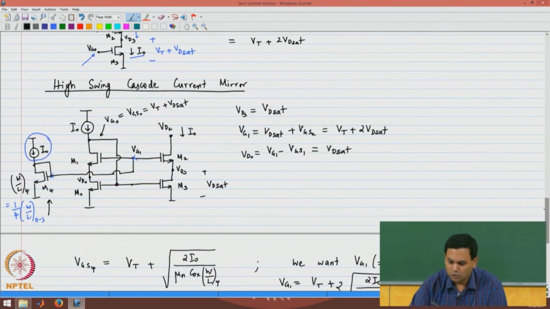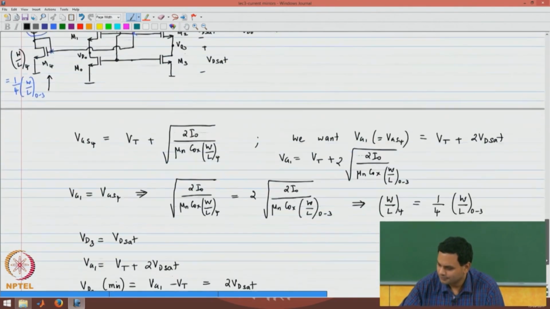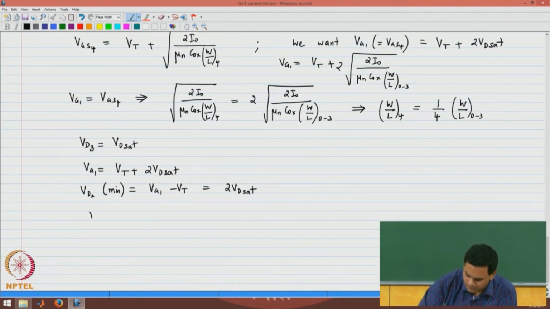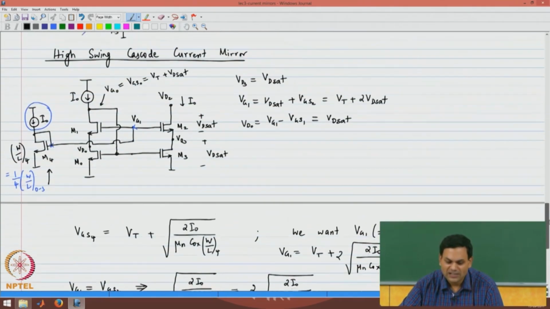In other words, you have now managed to bias the transistor such that each of these M3 and M2 can have a voltage of only Vd sat across it and still be in saturation and support a current I naught, and finally have an output resistance which is equal to gm rds squared. So, this is a very commonly used current mirror. It is called the high swing cascode current mirror.